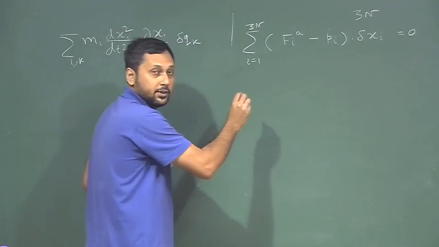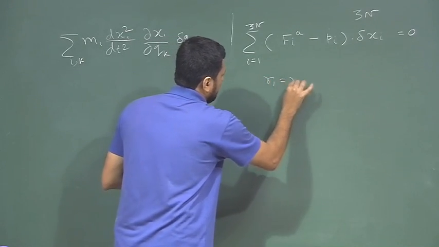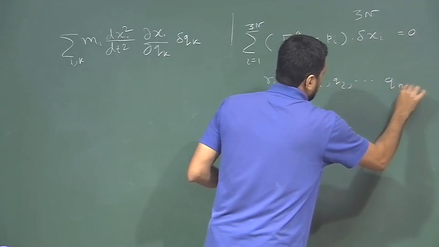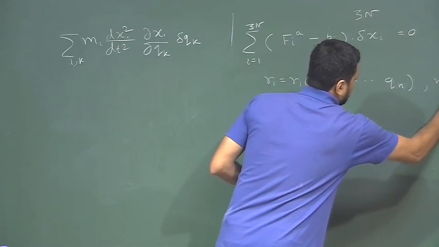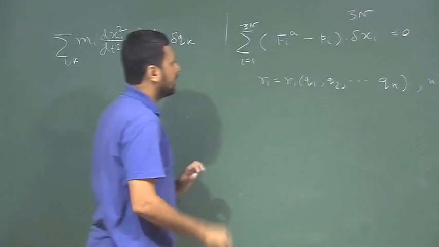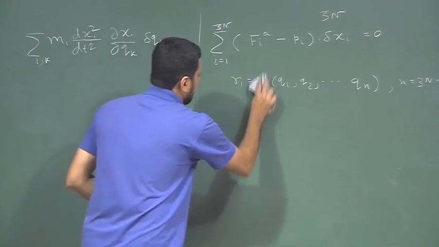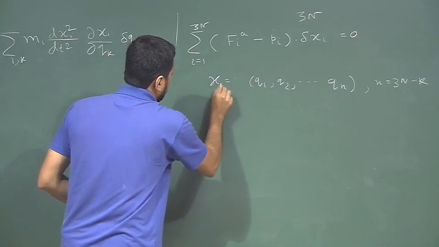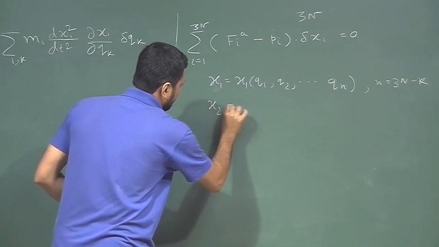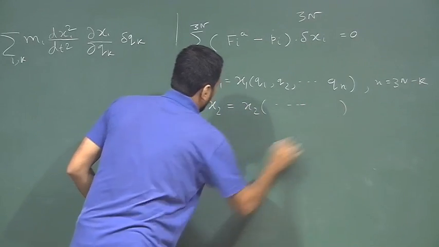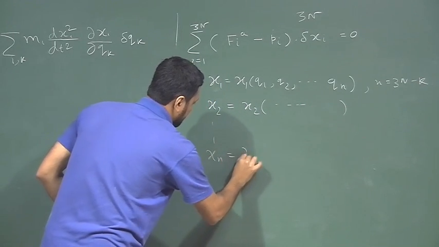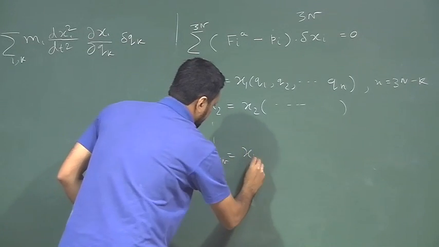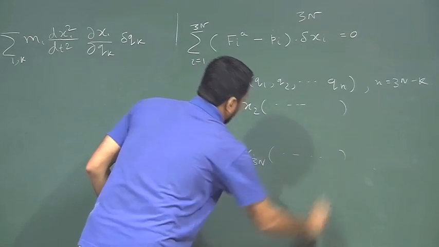Remember, there were these transformation equations. We wrote r1 equal to r1 of q1, q2, up to qn, where n is equal to 3N minus k. First of all we will change r to x because we are not using r's anymore. Similarly, we have x2 is equal to x2 of q's, and x3N is equal to x3N of q's.